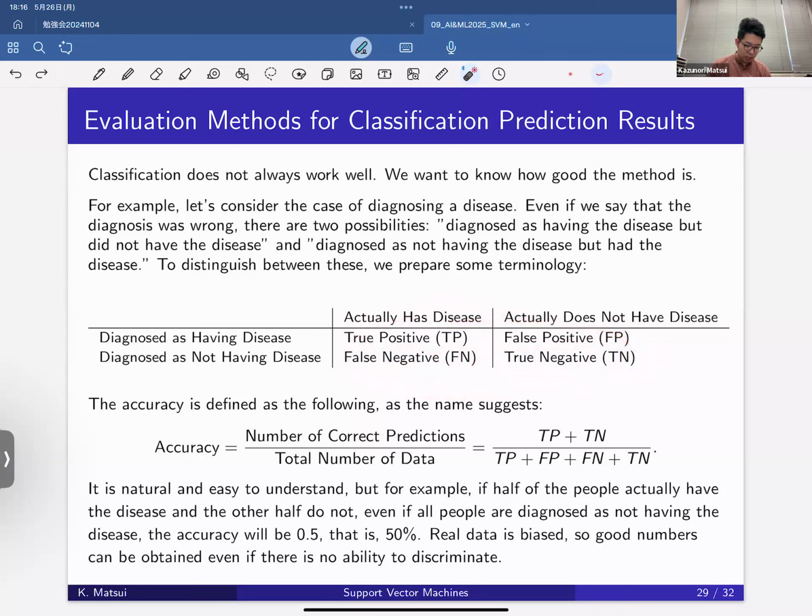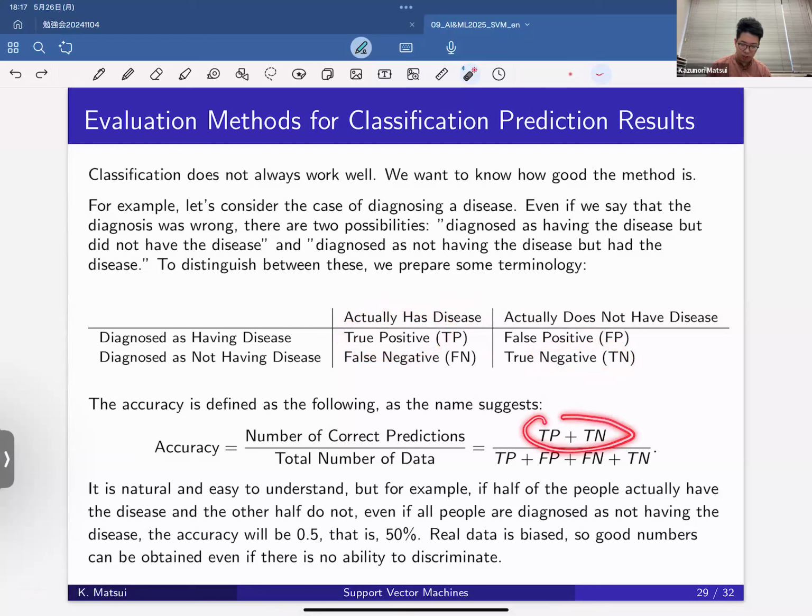So we divide the number of correct predictions by it. Now, the number of correct predictions is people who are truly positive and people who are truly negative. So it becomes TP plus TN.